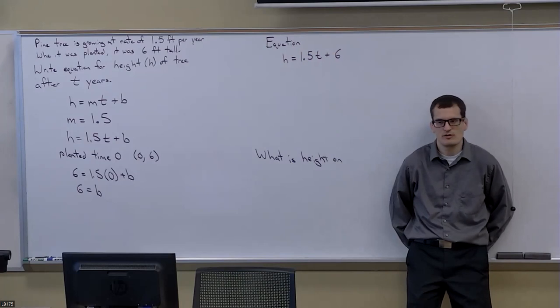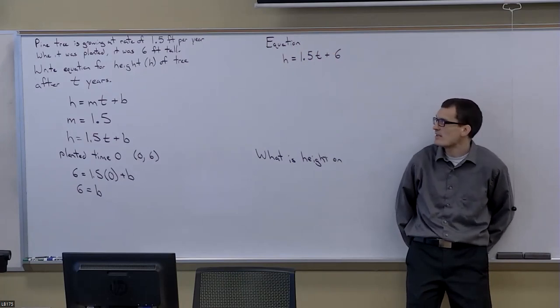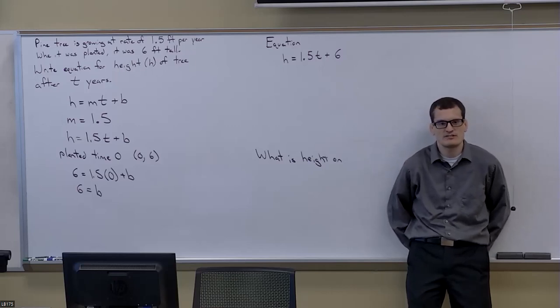So be real careful about those types of things. But other than that, pretty straightforward. And if you want to find the height after 10 years, you just plug in a t of 10. If you want to find the height after 5 years, you plug in a t of 5, right? I'll go into that.